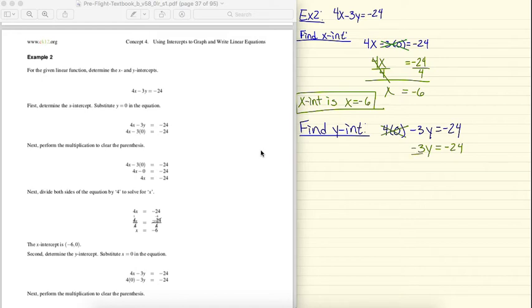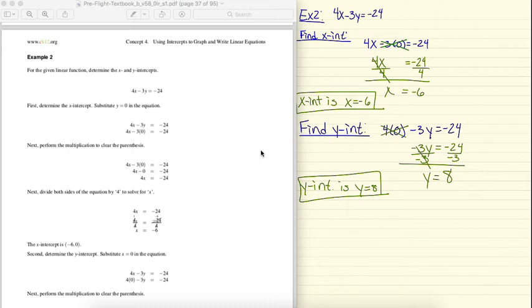Again, using the inverse operation of multiplication, which is division, I divide both sides by negative 3, and that leaves me with y equals 8. So the y-intercept is y equals 8, or in other words, the graph crosses the y-axis at a value of 8.